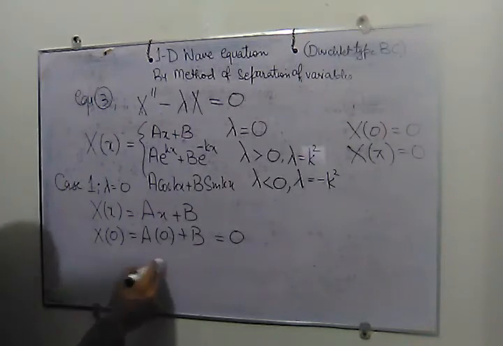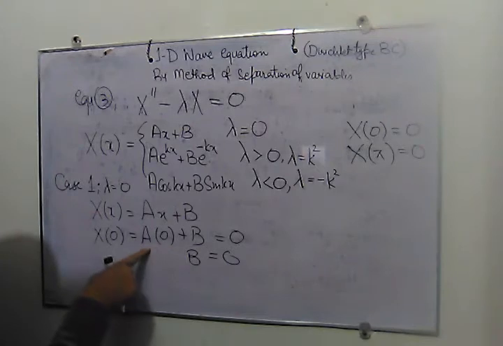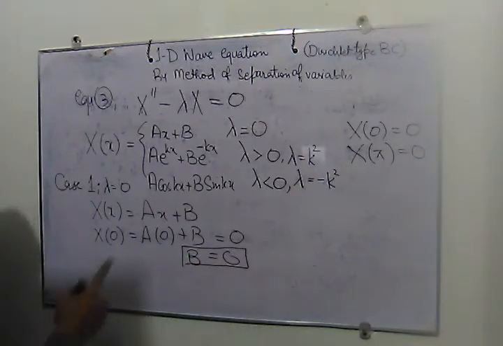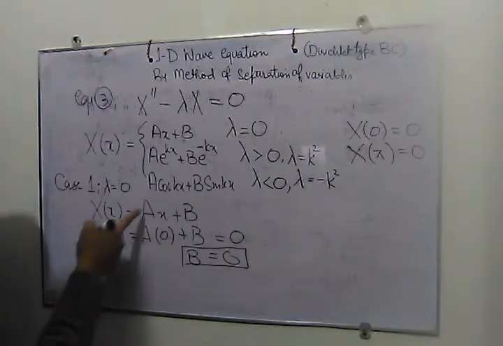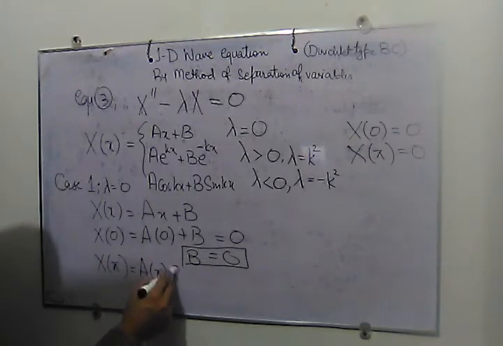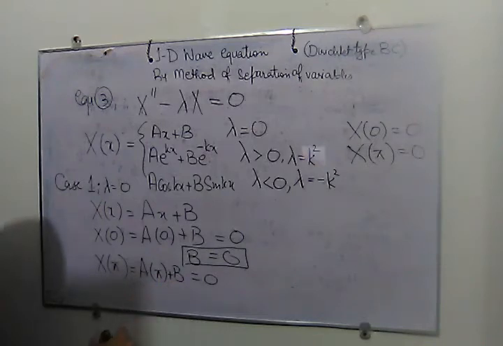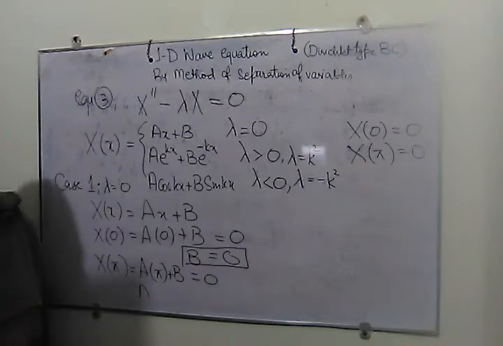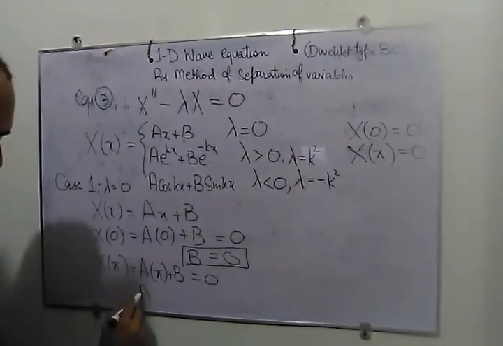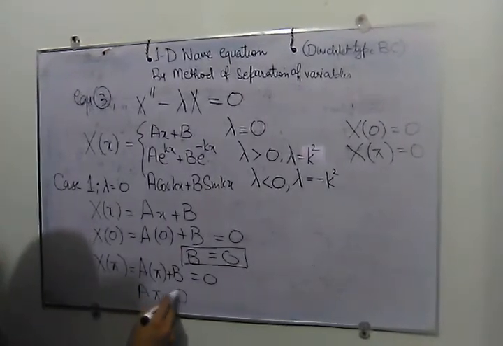This implies that b is equal to 0, because a multiplied by 0 vanishes. Now we put the second boundary condition in the general solution, which is X(pi) equal to a pi plus b, and that is equal to 0, and since b is 0, this means that a pi is equal to 0.